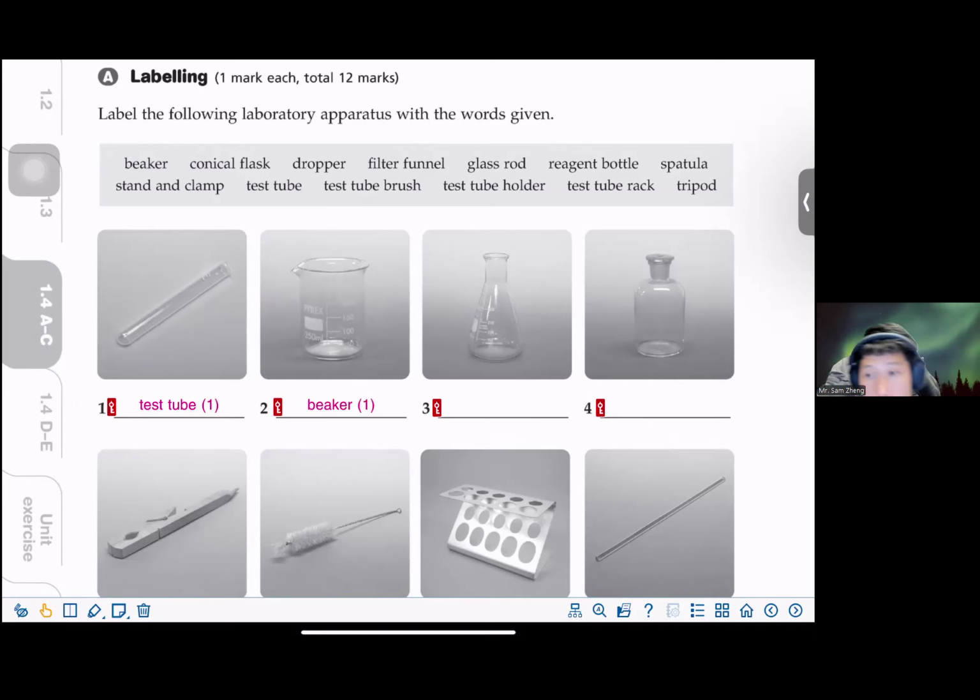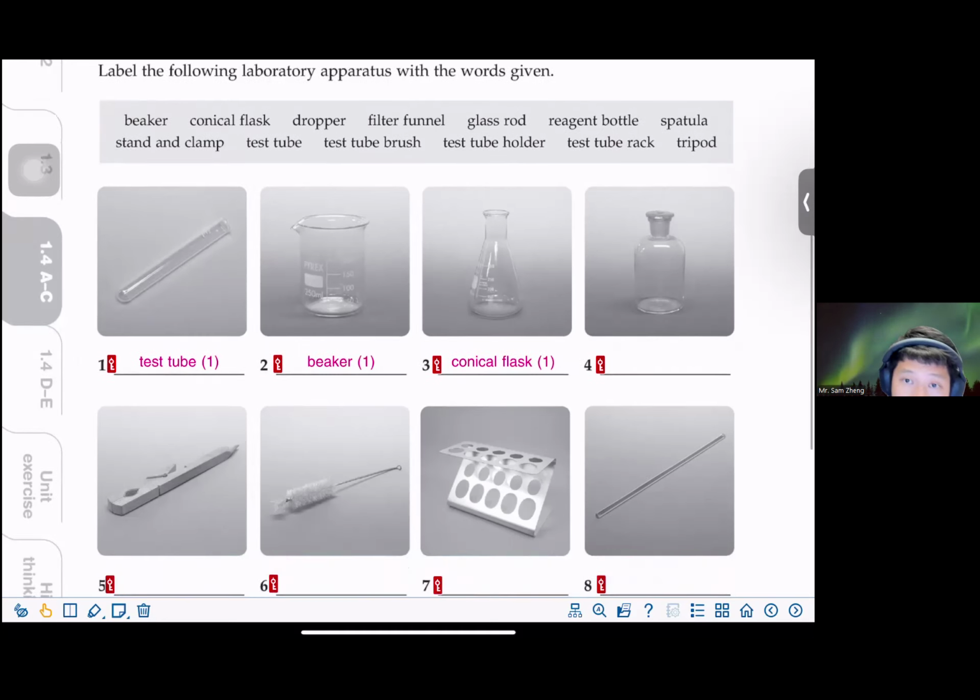And if the top part, the mouth of the tube, is narrower and it is in a cylindrical shape, then it would be what we call the conical flask. Apart from that, if we see there is a stopper on the glass bottle or a flask, then it would be the reagent bottle.